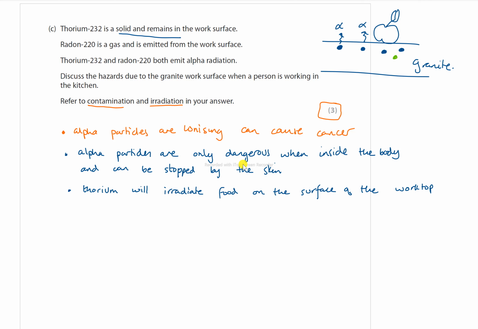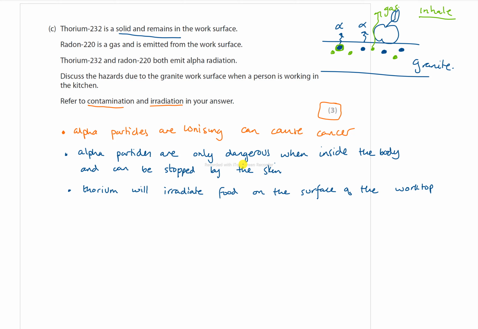Now you've also got radon, but that will emit itself as a gas. That's going to be a bit more dangerous because you can inhale that, whilst this stays in the worktop, whilst that can get into your body.